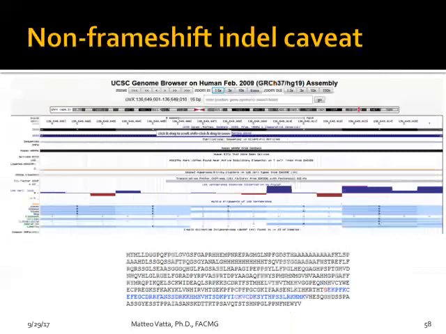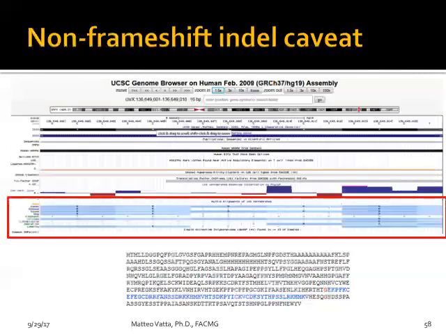So non-frameshift or in-frame variants can be pathogenic, but you also have to be aware of genes where you can have stretches of very similar amino acids. Like in this case, I think ZIC3 is a gene that causes heterotaxy, so congenital heart defects as well.